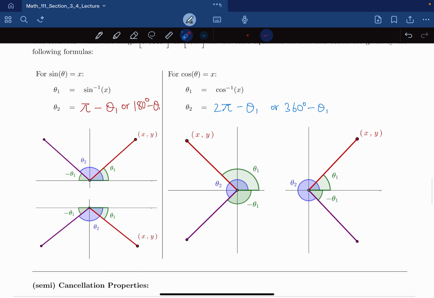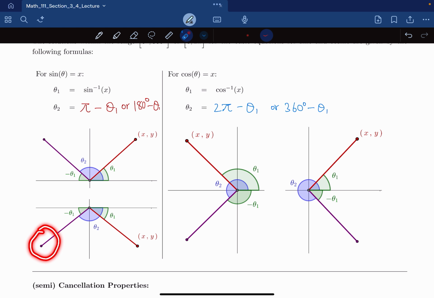So let's go back real quick. If you have an answer already in quadrant 1, then you're good to go. If your answer is in quadrant 4, also good to go. But if you have an answer in quadrant 2, for example, then pi minus this answer is going to give you back into quadrant 1.